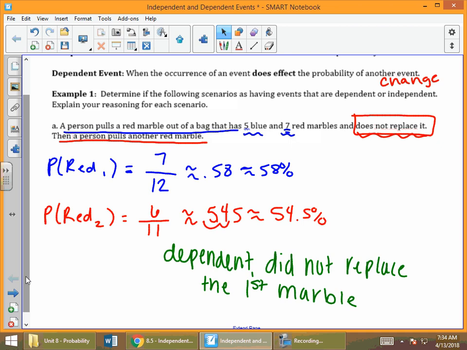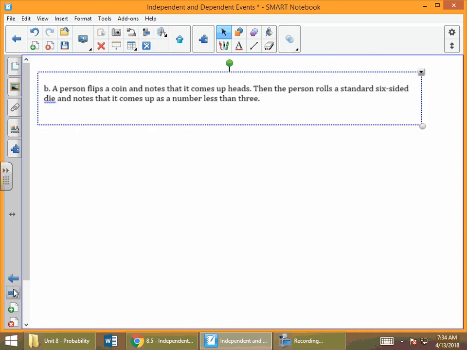So whenever you see the words does not replace, does not put back, things like that, the event is automatically dependent. Because you didn't replace the first thing, you're changing the outcomes and changing the possibility of picking another thing. So now you don't really have to do the math in these scenarios, you're looking more for the words.